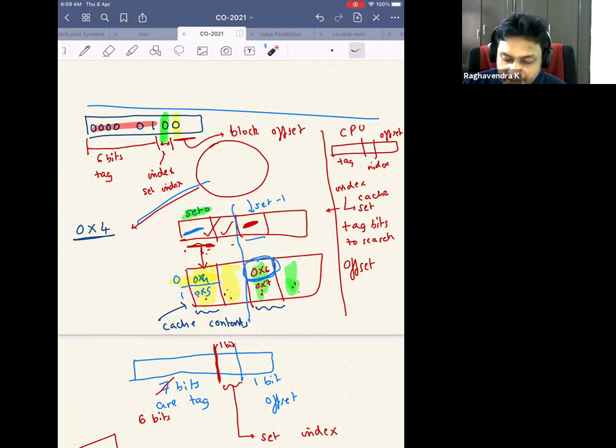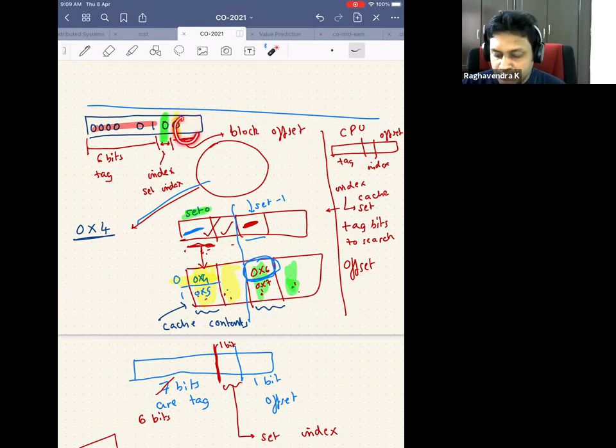Now when the address is generated, irrespective of whether from the memory or from the CPU, I first calculate the number of bits in the offset. The number of bits in the offset is 1 because each block has 2 bytes, so I have to differentiate between the 0th byte and the first byte. If the number of bytes in the block were 4, then I would have 2 bits in the offset.